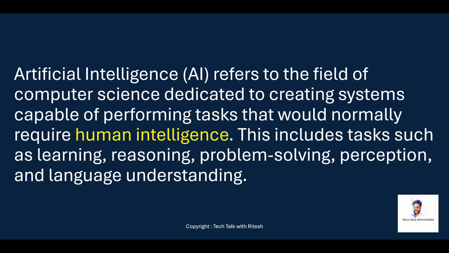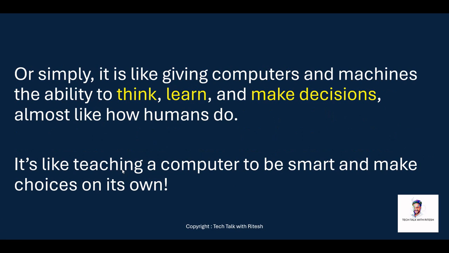This includes tasks such as learning, reasoning, problem solving, perception, and language understanding. Or in simple words, it is like giving computers and machines the ability to think, learn, and make decisions, almost like how humans do. It is like teaching a computer to be smart and make choices on its own.